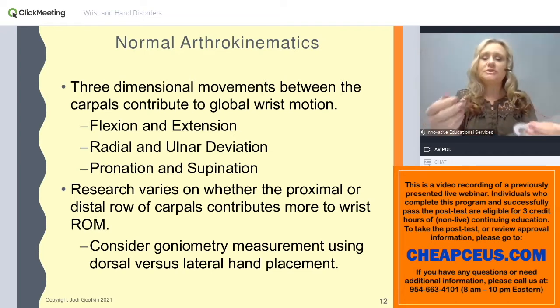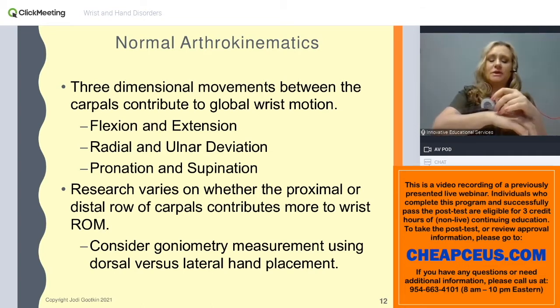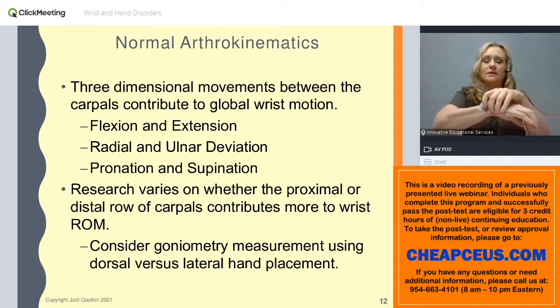When we consider the two different ways to measure wrist flexion and extension, one method is to measure along the ulnar side of the hand.